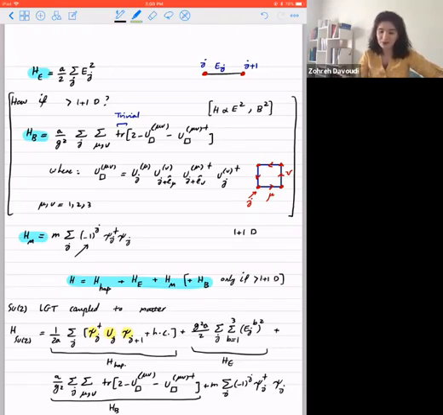What about this electric field? For SU2, there are 3 types of electric fields because there are 3 generators of SU2, and these E fields correspond to those SU2 generators. So then we have to sum over this, and this is going to be the Casimir of the group. And again, these plaquette terms are defined with these 2 by 2 matrices for SU2, so the trace is going to be non-trivial.